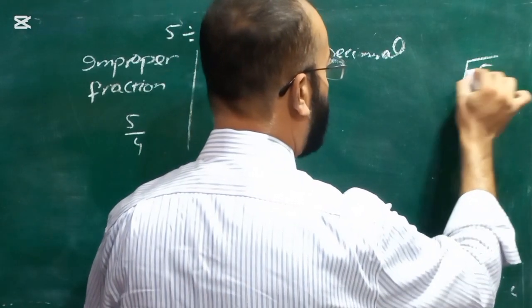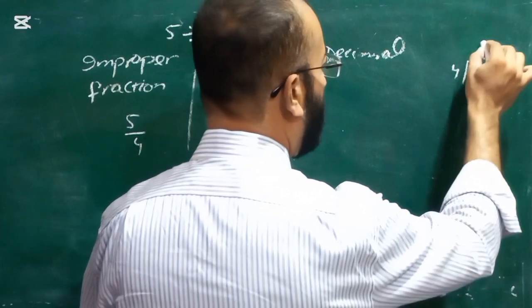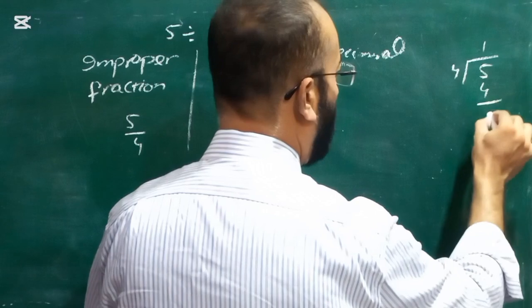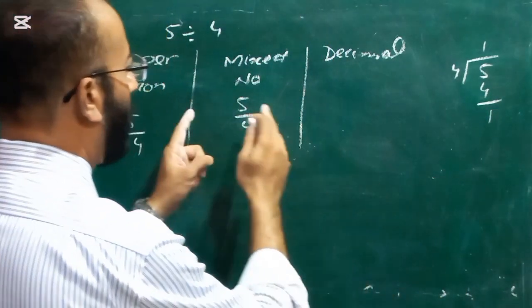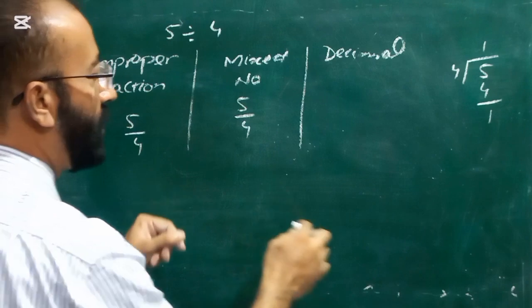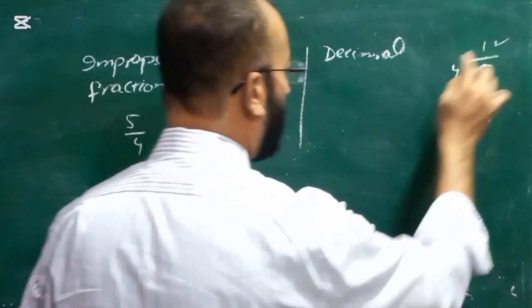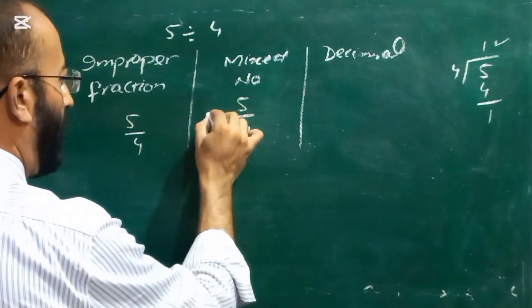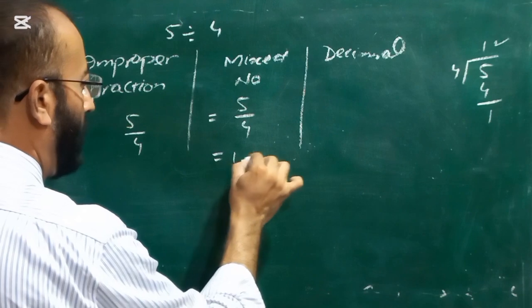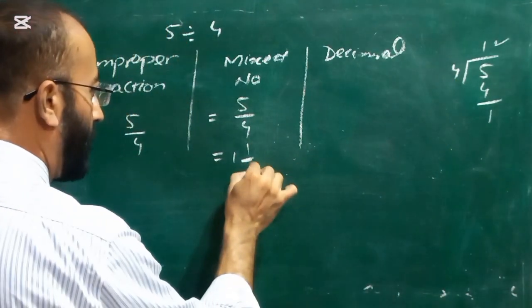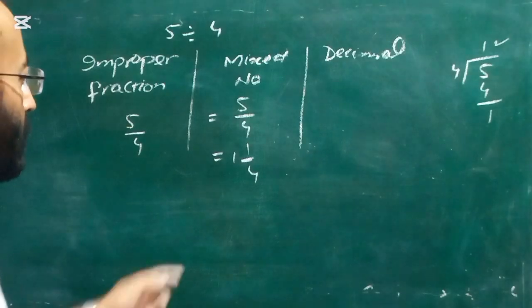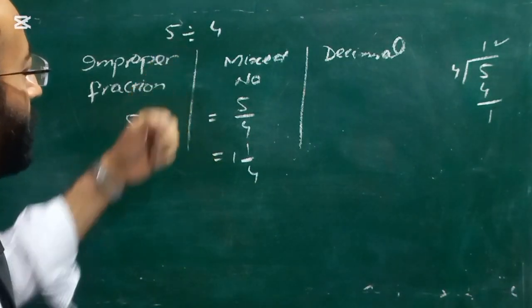So 5 inside and 4 outside the bracket. 4 ones are 4, 1 is the remainder. So this is the step for showing the mixed numbers. So this quotient will be placed as a whole number, remainder as a numerator, and divisor as a denominator. So this is the mixed form of this quotient.